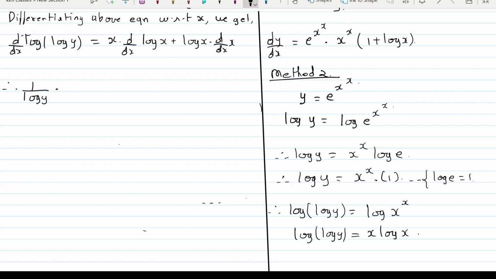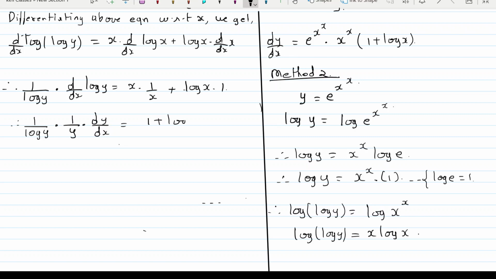So it's 1 upon log y into d by dx of log y is equal to x into 1 by x plus log x into 1. Therefore 1 upon log y into 1 upon y dy by dx is equal to 1 plus log x.